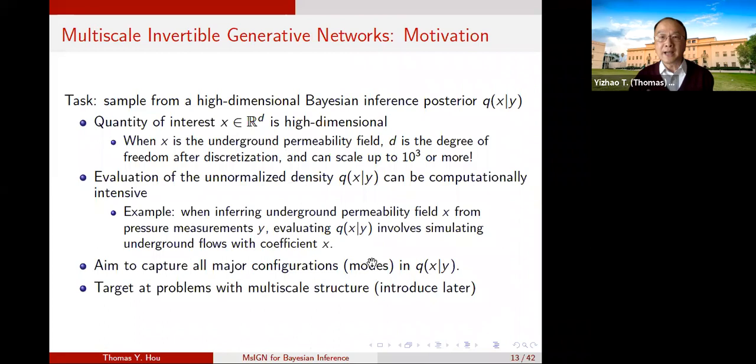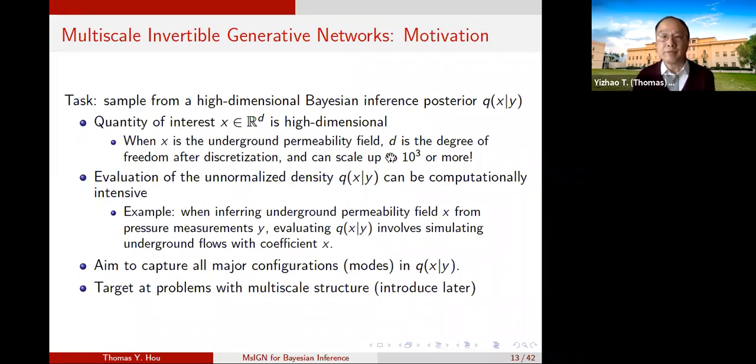So we would like to see if we can take advantage of the large capacity offered by the deep generative network to construct the transport map for our purpose. A few things you have to keep in mind: the problem we are trying to target is very high dimensional.